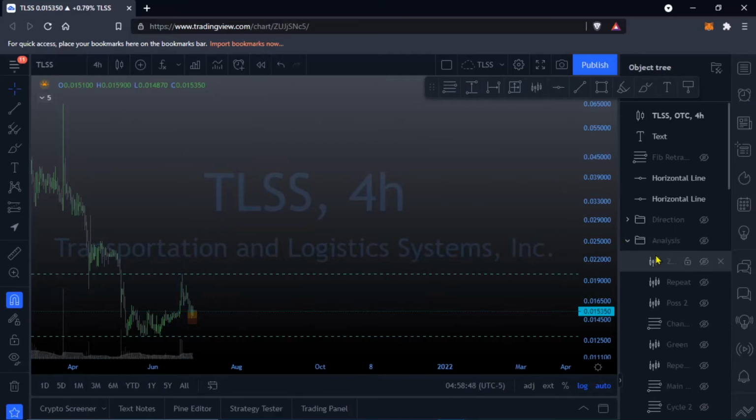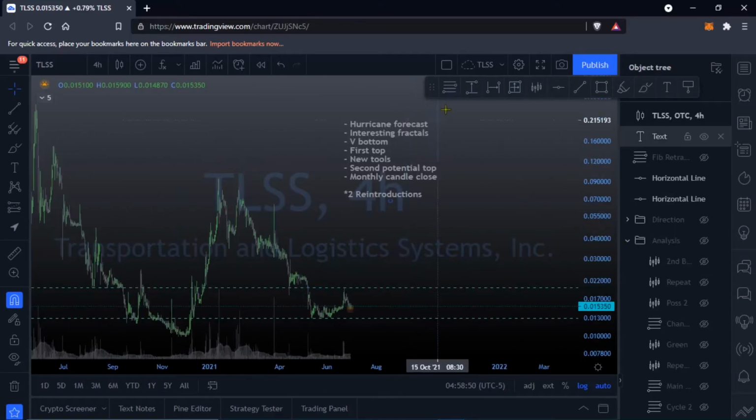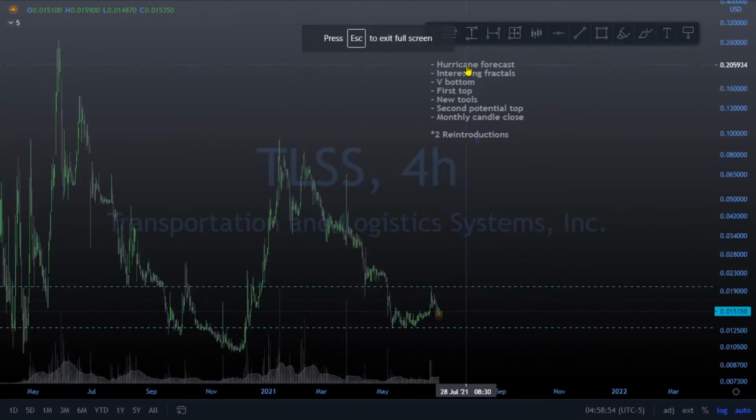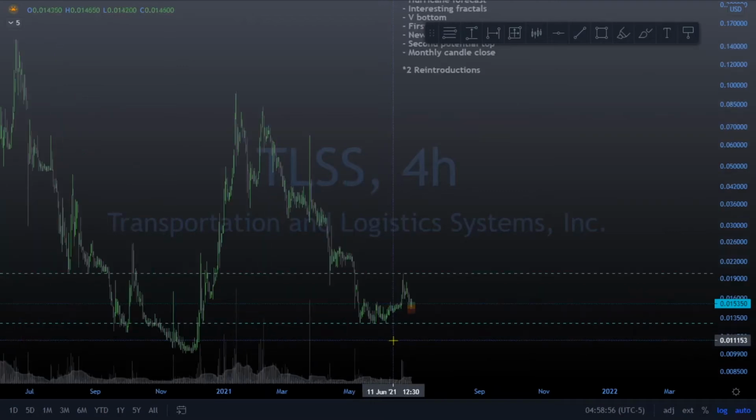Let's see. I'm gonna put it back in full screen. I've got this up so I wouldn't forget anything. Back here we never really got any kind of V bottom, right? And that was something I was really expecting.